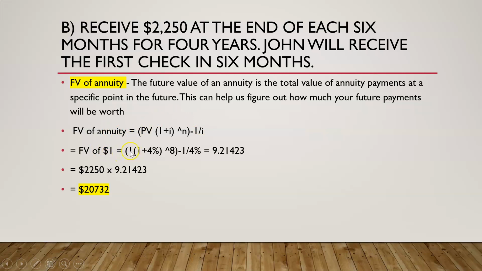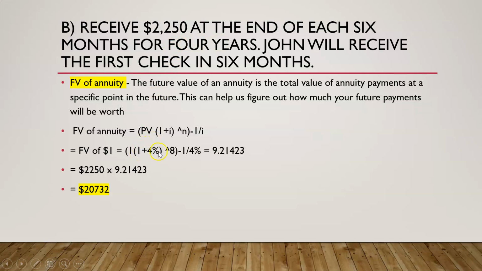So the present value of $1 is $1, and then 1 plus 4%. Notice one thing, why is this 4%? Since it said that he will receive $2,250 at the end of each 6 months, and the total time period is 4 years. Each year it was 8%, now it's divided into 6 months, so we'll halve it. From 8% it will come down to 4% every 6 months.